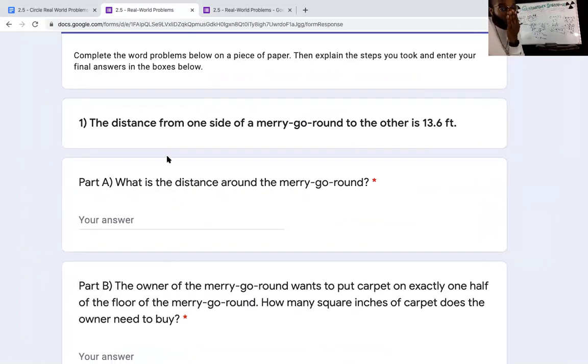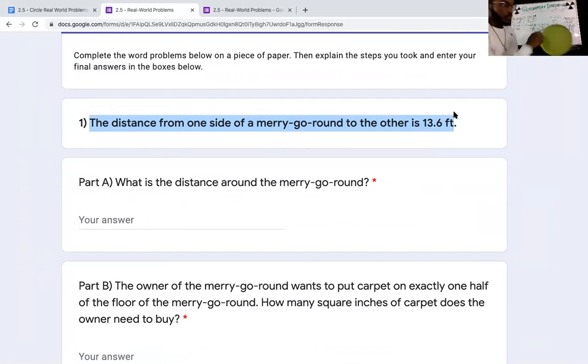The distance from one side of a merry-go-round to the other is 13.6 feet. They're talking about diameter. You're going from one side of the circle to the other side, and you're going through the center to do that. So that's going to be your diameter.